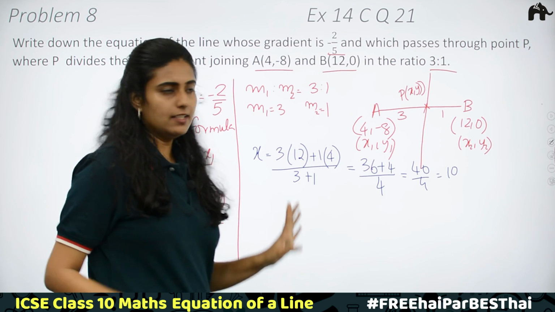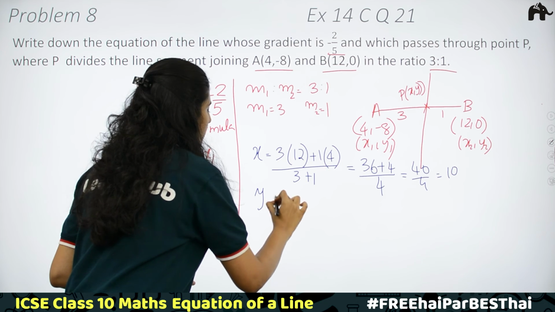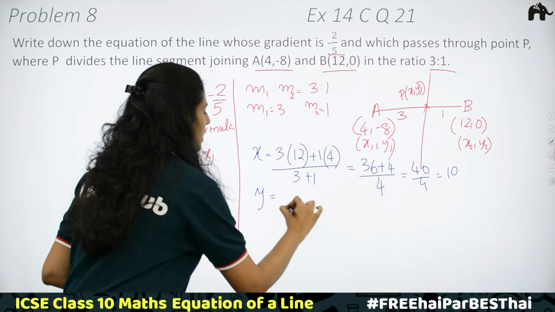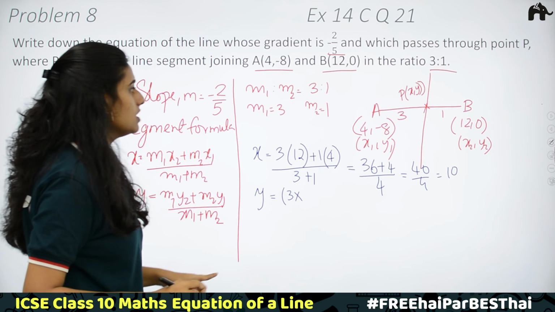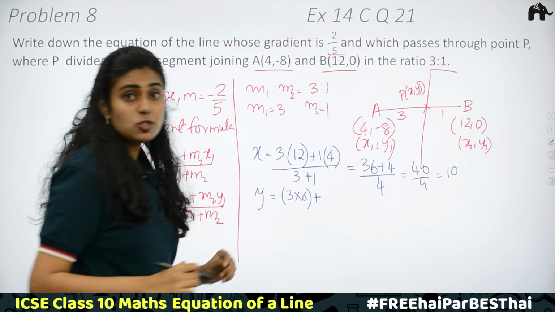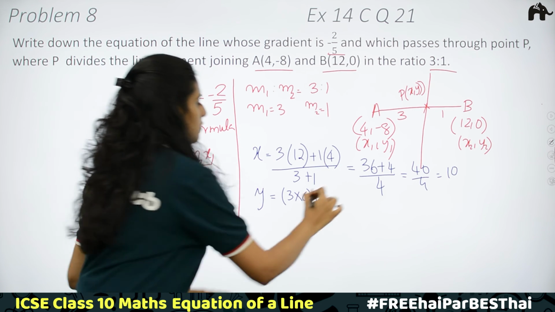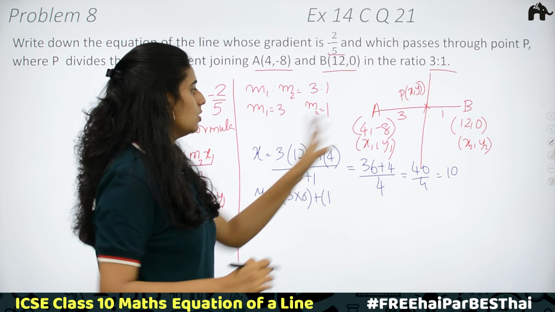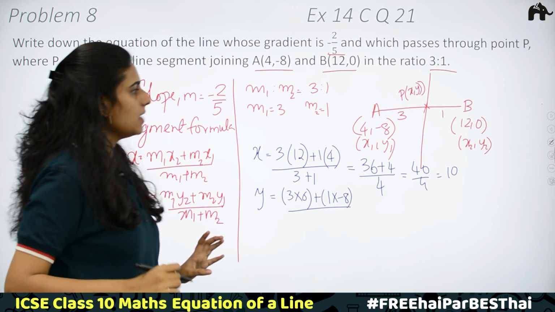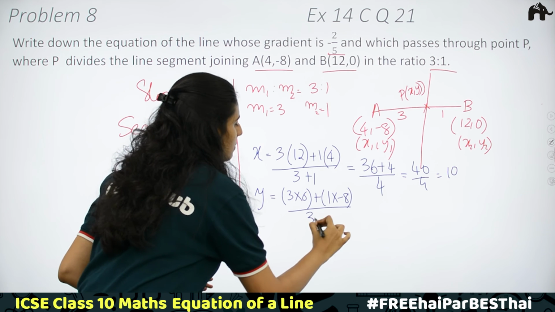x coordinate is 10. Now, similarly, we will find the y coordinate. m1 y2, m1 is equal to 3 and y2 is 0, plus m2 y1, m2 is equal to 1, y1 is equal to minus 8, 1 into minus 8, divided by m1 plus m2, again 3 plus 1.